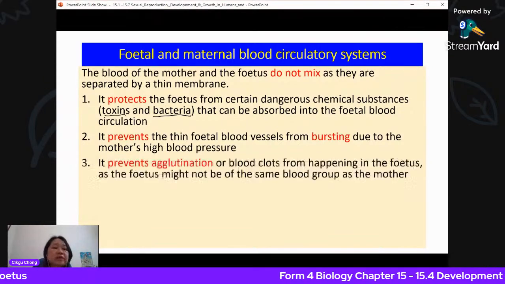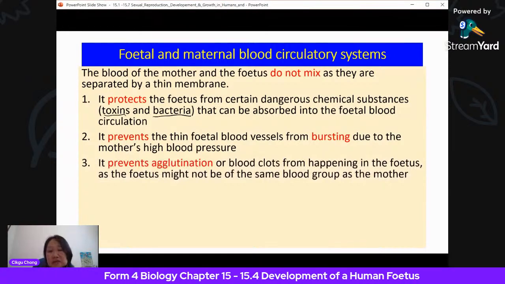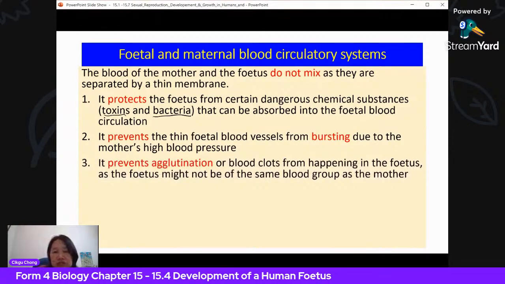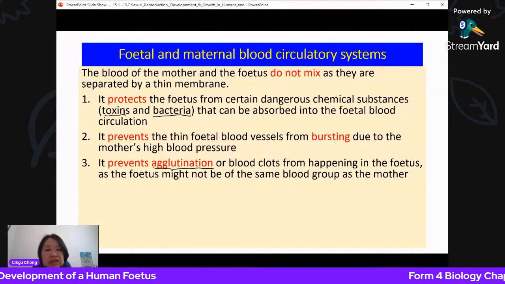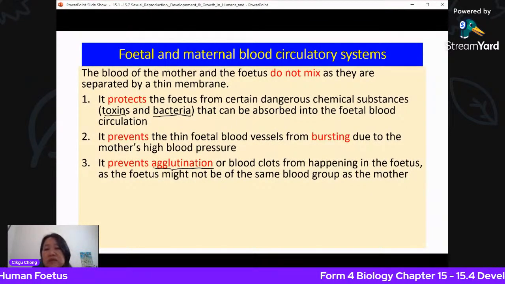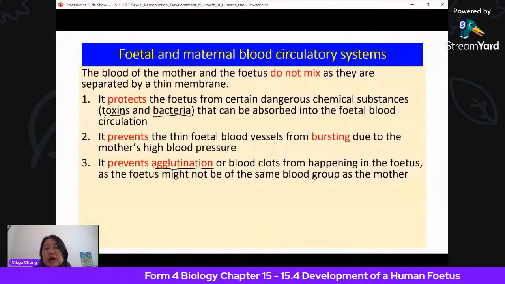Number three, and this is very important, it prevents agglutination or blood clotting. Agglutination you have learned in chapter 10. It prevents blood clotting from happening in the fetus, as the fetus might not be of the same blood group as the mother, because of the antigen found on the red blood cell.